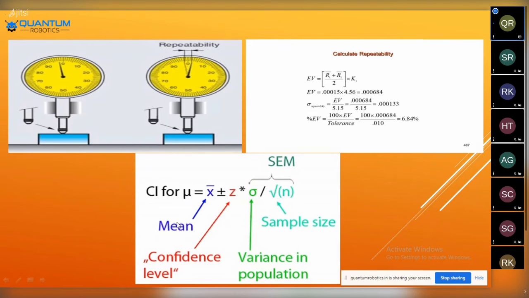X means the mean, Z means the confidence level, and sigma means the variance in the population, and n is the sample size. All this we have defined according to the particular task we can use in the repeatability.